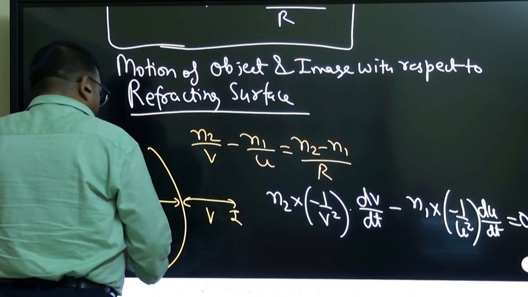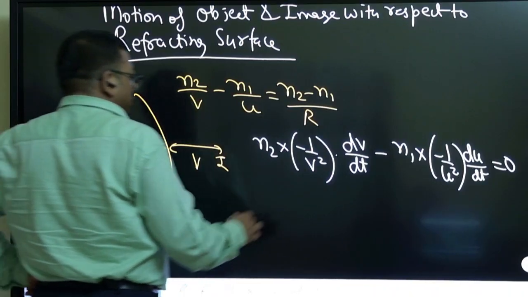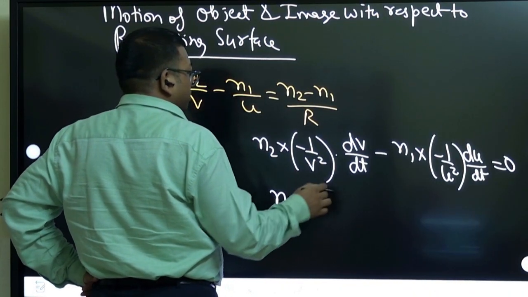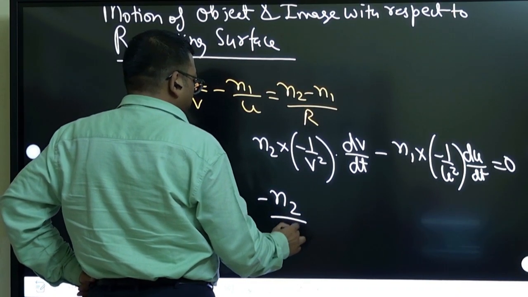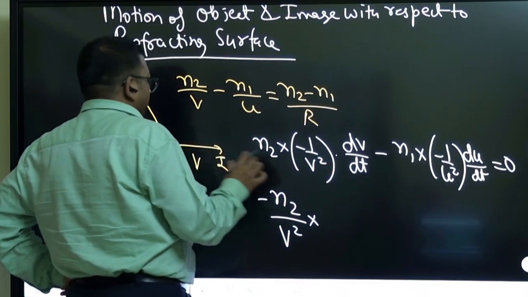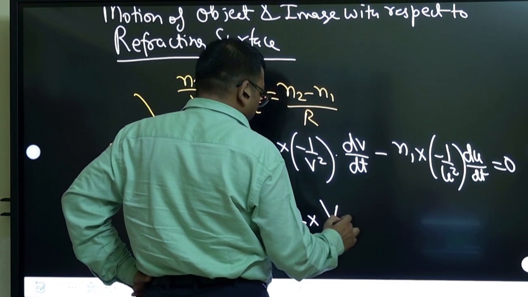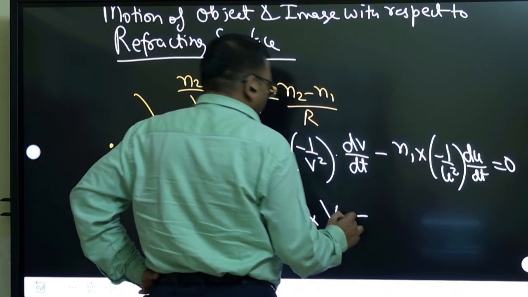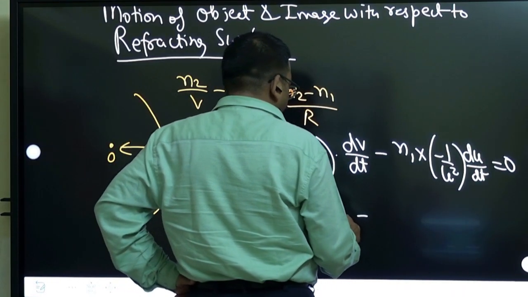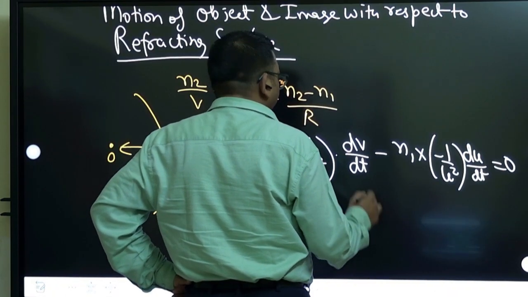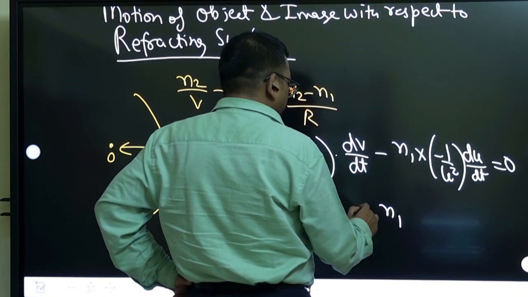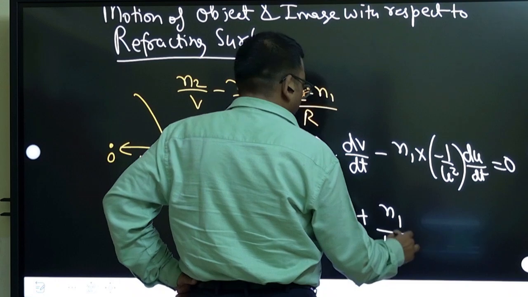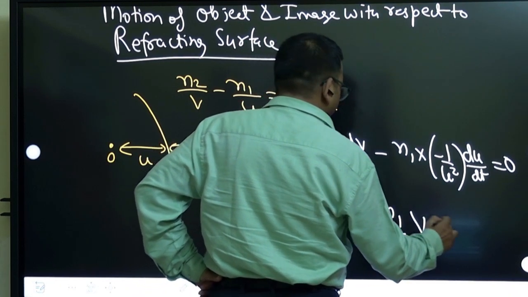So note here that this minus minus plus will become plus. So minus n2 by v square dv by dt, where dv by dt is the velocity of image, I am writing vi, relative to mirror, minus n1 minus minus plus n1 by u square du by dt, which is velocity of object relative to mirror.